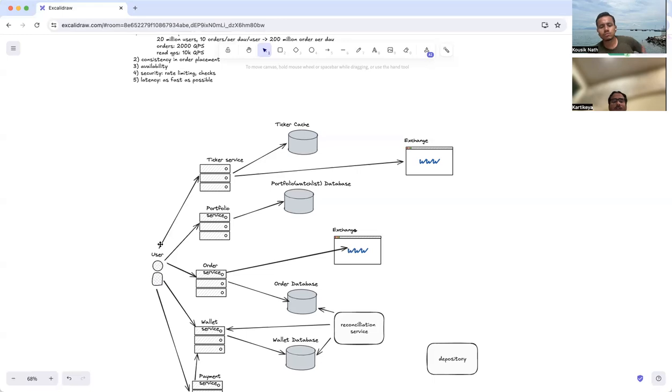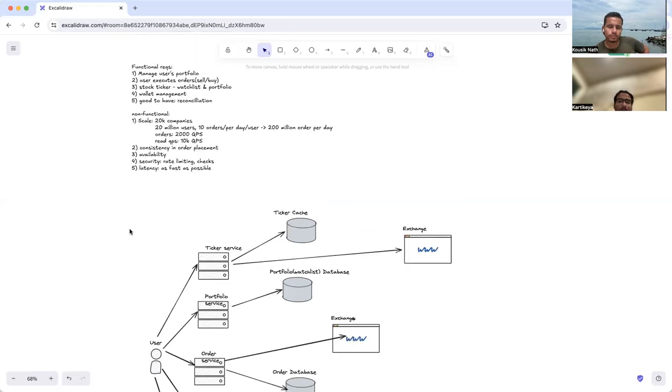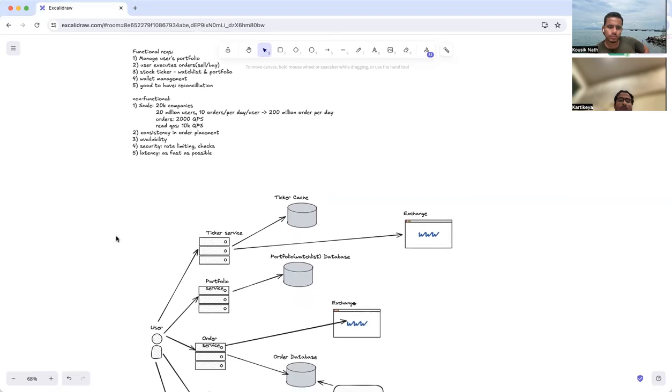Rather than polling every 1 second, we should be polling every 100 milliseconds or 50 milliseconds. Of course, that would be too much polling. If 20 million users were to do that, that is huge read traffic on our system.